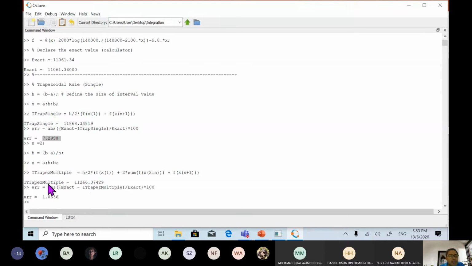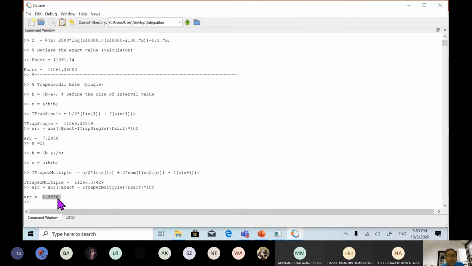By using the multiple trapezoidal rule with 2 equal divisions, the area is quite improved, because the area is now estimated to be 11,266, where the exact value is 11,061. The error, compared to the first one which was 7%, is now reduced to 1.8%.